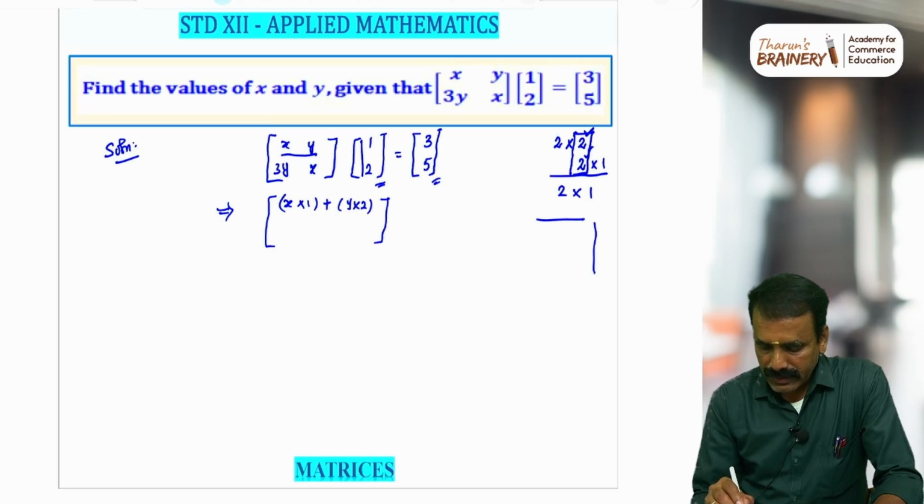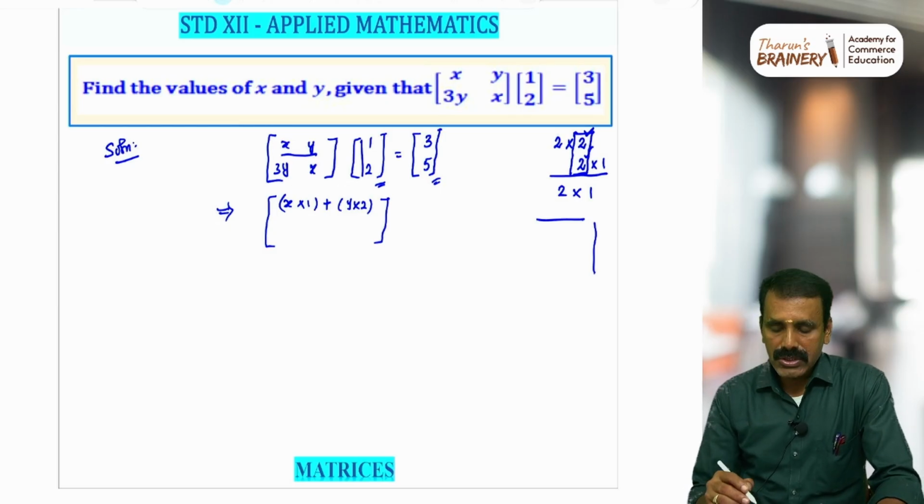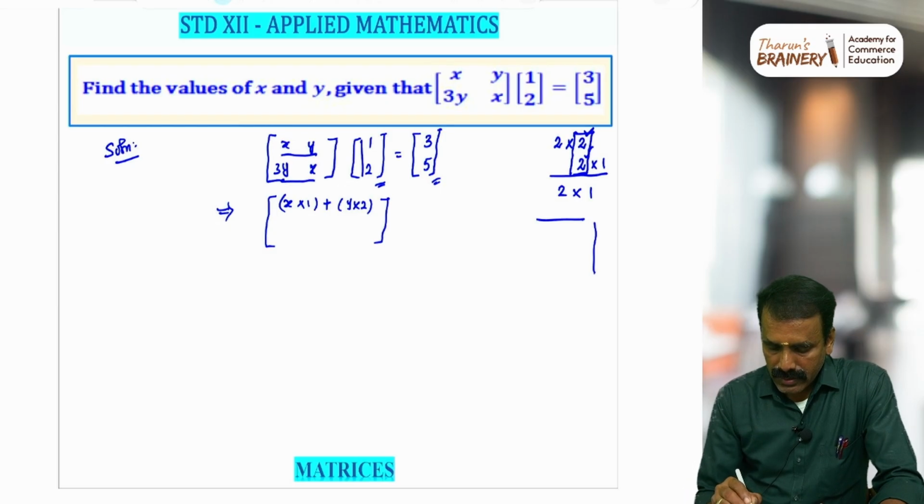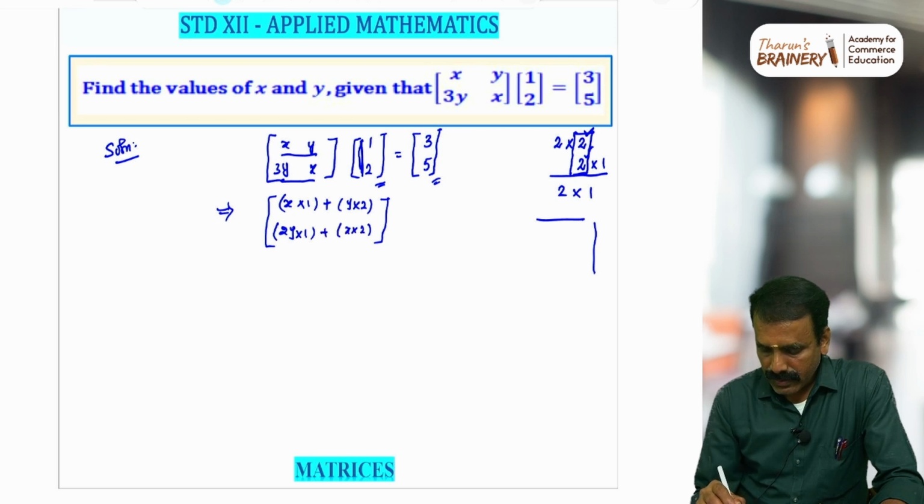So first row multiplied with the first column, over. There is no other column to multiply. So we move on to the next row. Second row multiplied with the first column. So 3y multiplied with 1 plus x multiplied with 2, and it is given to be equal to 3 and 5. So we simplify this expression.